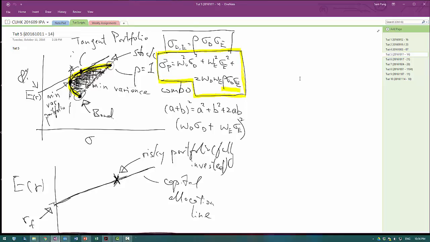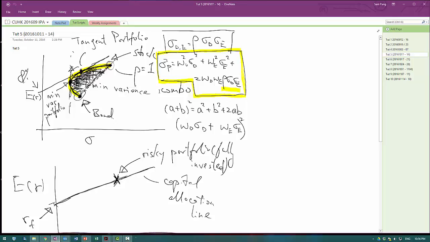So diversification means in such a scenario, it is always beneficial to invest some portion of your money in A and some of it in B. Now, why is that?